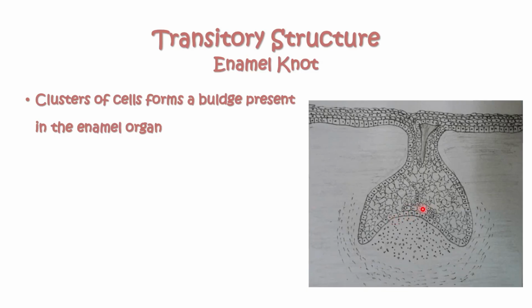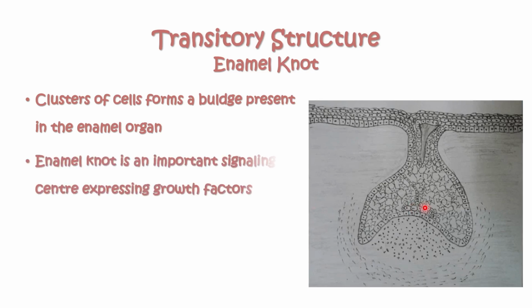These cells may function as a signaling center by expressing growth factors that help to transform the cap stage into the next stage, that is the bell stage. You can see the enamel knot very close to the inner enamel epithelium, and these enamel knots are usually present at the incisal edge or cusps.